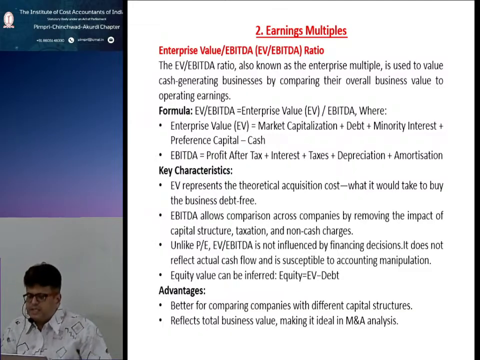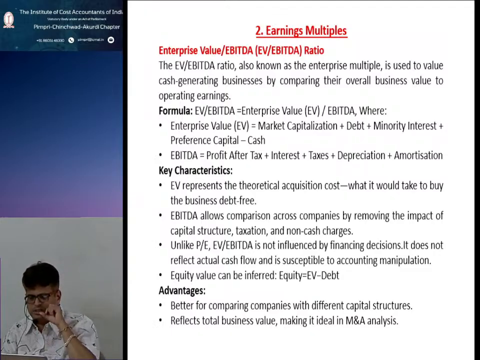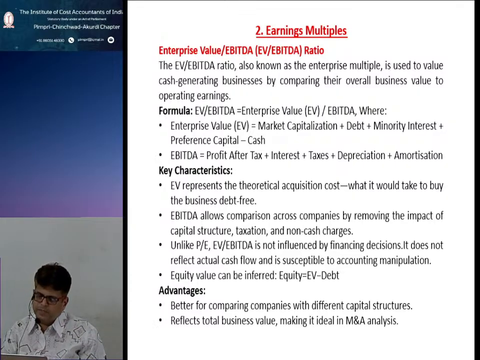The second characteristic of this ratio is that EBITDA allows comparison across companies by removing the impact of capital structure, taxation and non-cash charges. If you see the EBITDA formula itself, it is PAT plus interest plus taxes plus depreciation plus amortization. The third characteristic is that EV to EBITDA is not influenced by financing decisions, but it does not reflect actual cash flow and is susceptible to accounting manipulation.